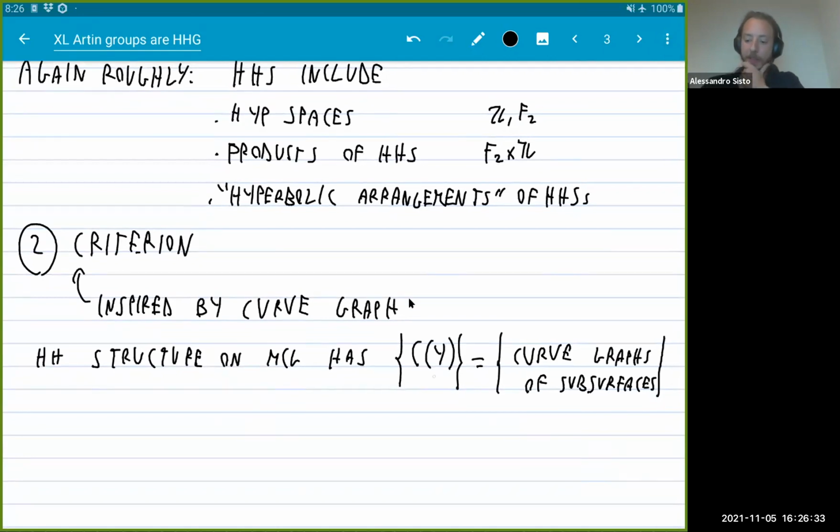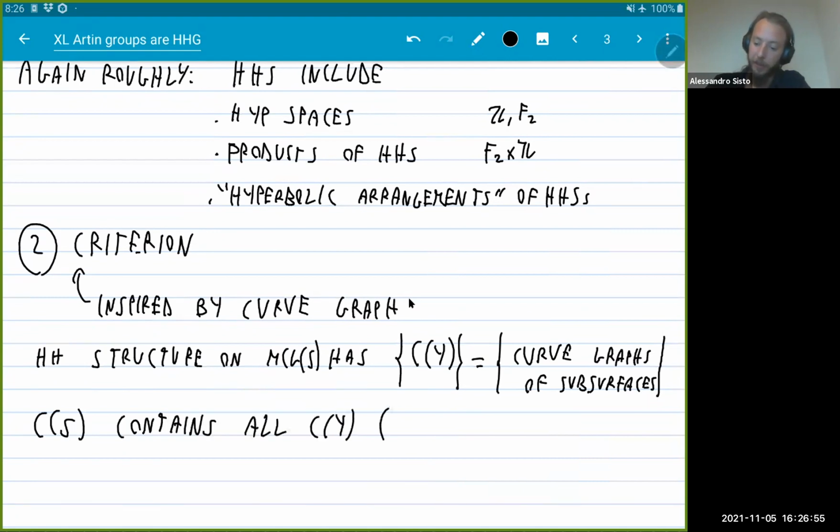And the point is that you have all the various curve graphs of all the various subsurfaces. However, let's say it's the mapping class group of S. The main curve graph actually does contain all the other curve graphs except annuli, because annuli are always a pain, and I don't want to talk about them ever again. So it contains all other curve graphs as what? As links of vertices or simplices.